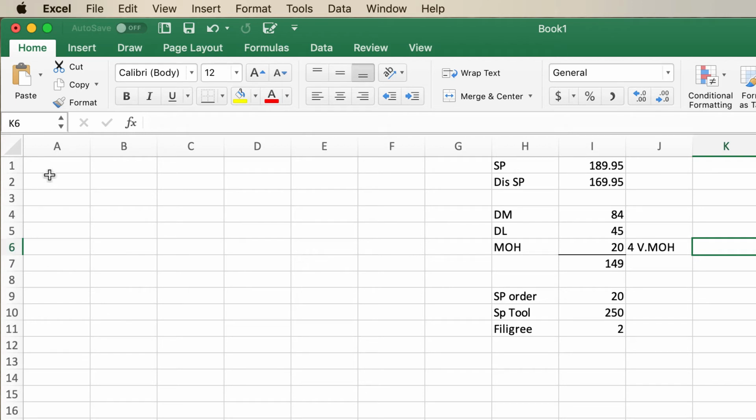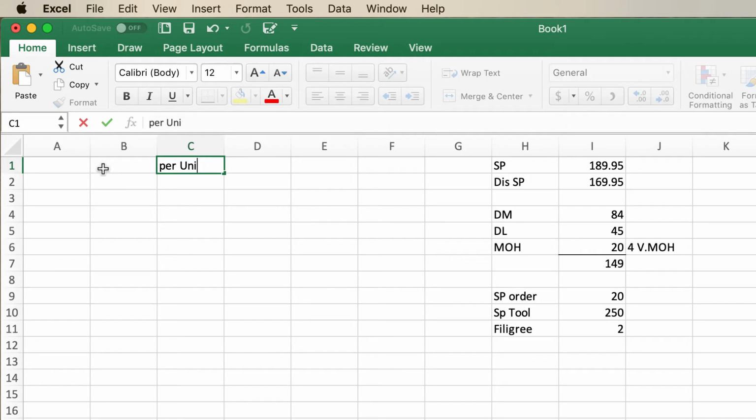So the first thing we're going to do is look at everything on a per unit basis, and we're going to look at it in total for the 20 bracelets. So I'm just going to put a 20 up there. Okay, so let's look at our sales revenue. I'll say incremental revenue.